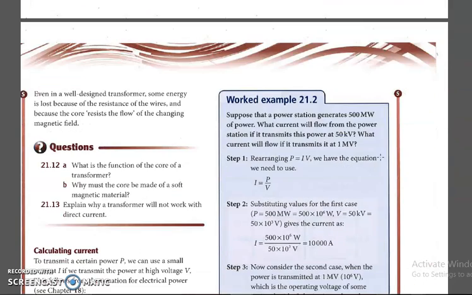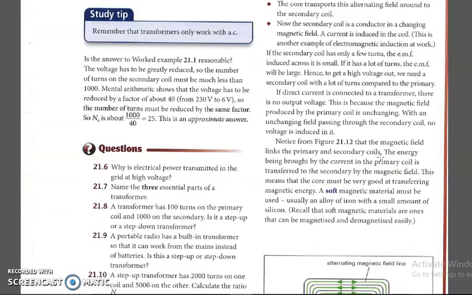Even in well-designed transformers, some energy is lost because of the resistance of the wires and because the core resists the flow of the changing magnetic field. So there will be some energy loss, but compared to other sources, the energy loss in a transformer is very small.